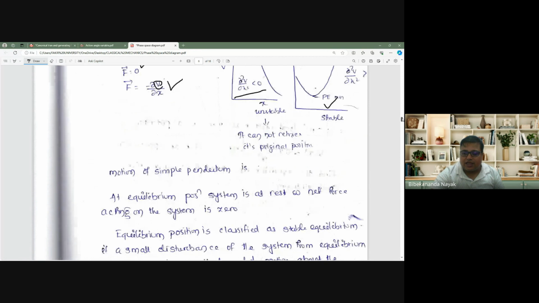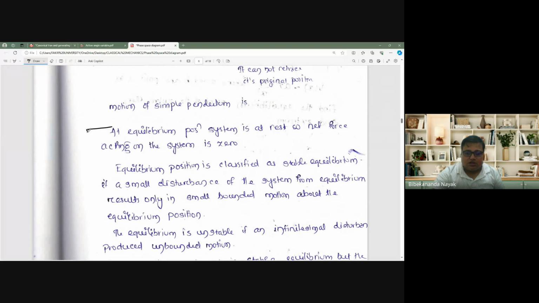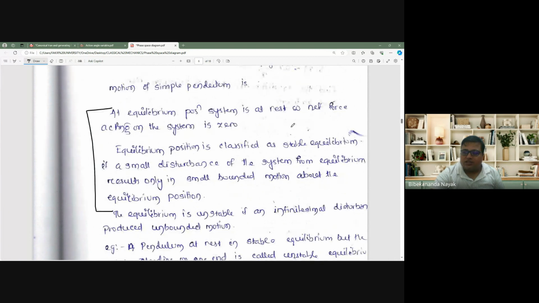In the phase diagram, we discussed in the last classes that at the equilibrium position the system is at rest. A stable equilibrium only executes simple harmonic motion. Stable equilibrium means the potential is minimum, that is, del square V by del x square is greater than 0.